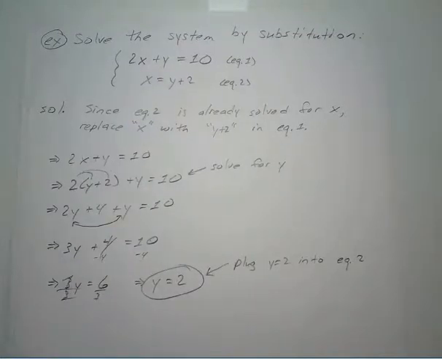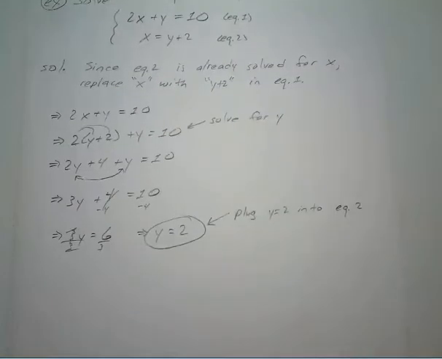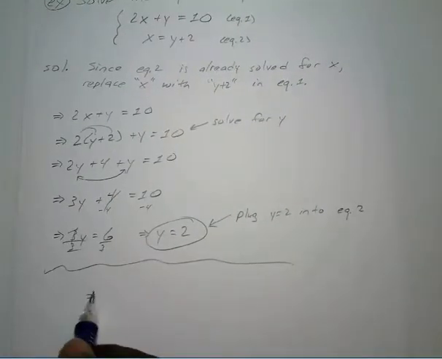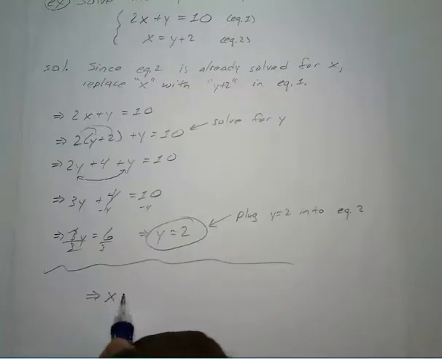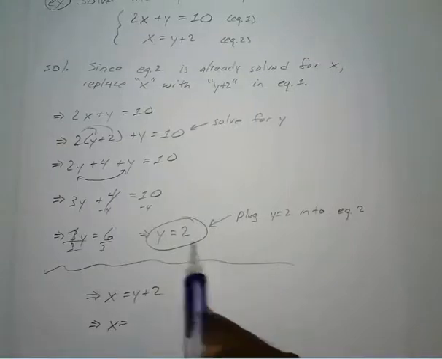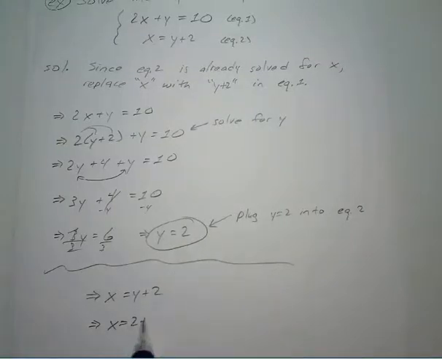It all depends on which one you start with. So now, instead of x equals y plus 2, we have x equals 2 plus 2, which gives us x equals 4.